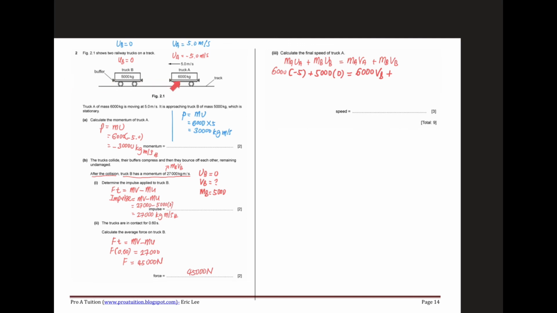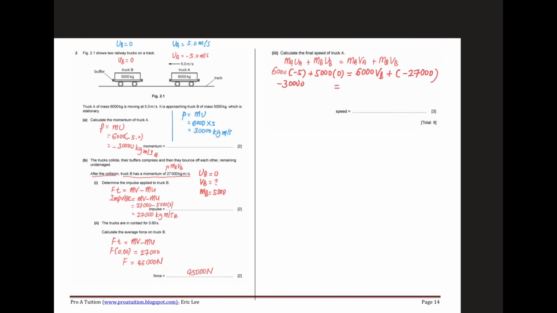You won't get positive value, if you assume this direction to be negative. Because truck B is going to the left. So that's why negative 27,000.